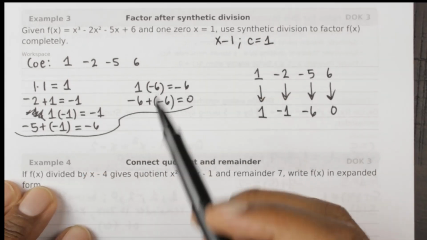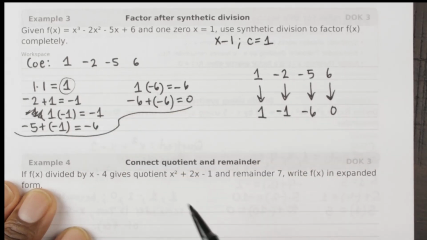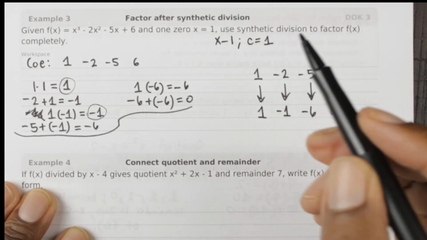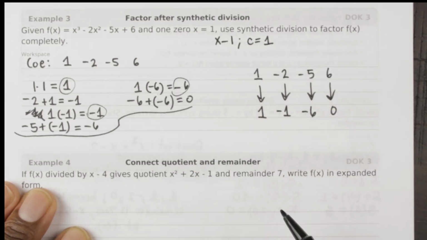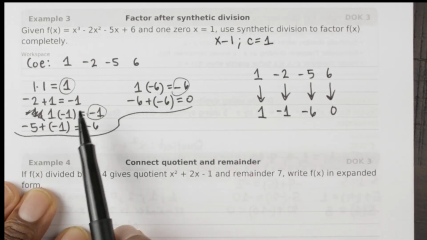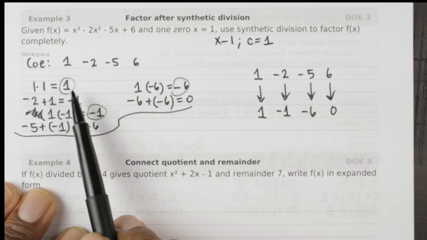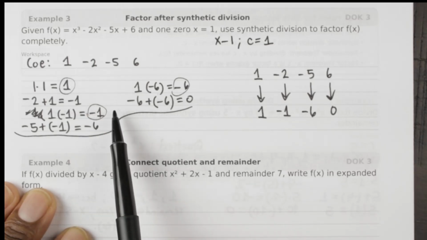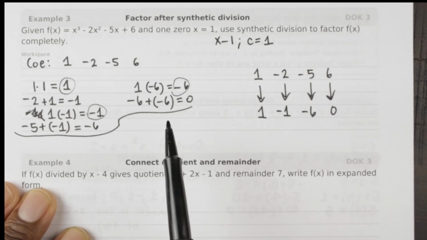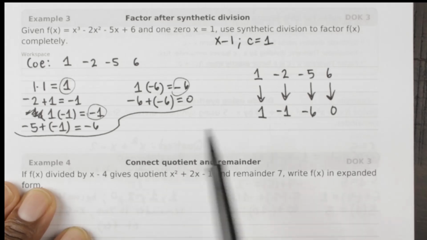Okay, and we established that here. Or I guess a different way to look at it would be 1, then -1, -6, 0. Either way, you can pretty much interpret it from that.